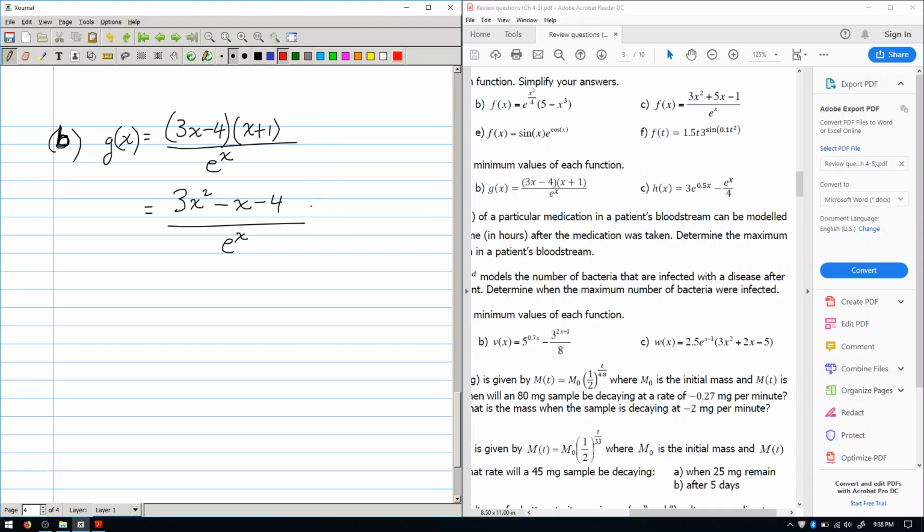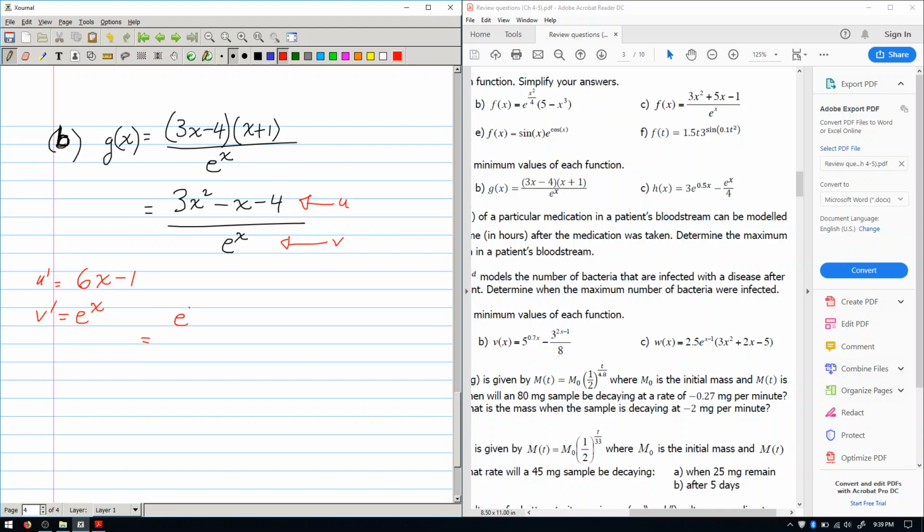Now, I'm going to call the top u, and I'm going to call the bottom v, and I'm going to do the derivative. U prime equals 6x minus 1, v prime equals e to the x. It equals itself. Now all I'm going to do is plug it into the derivative rule, the quotient rule.